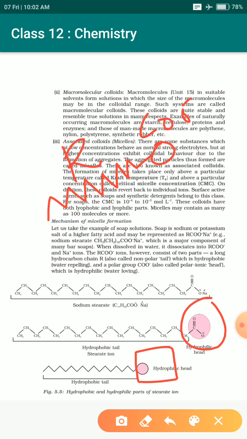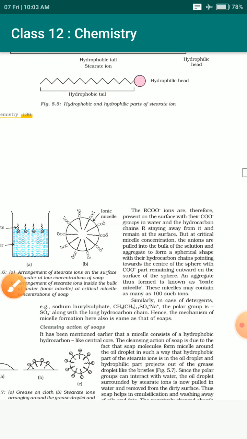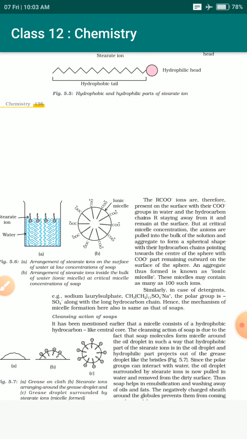I hope you understood the concept. This is the tail, the long tail part, and this is the head part. So head is the hydrophilic part and tail is the hydrophobic part. Okay, understood this much?